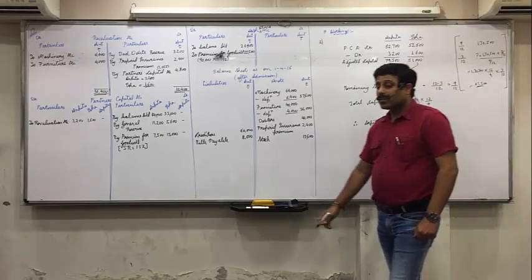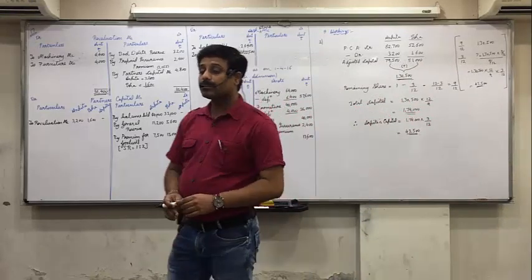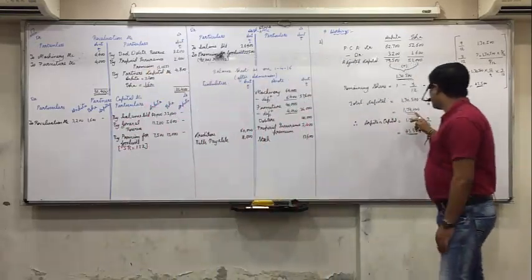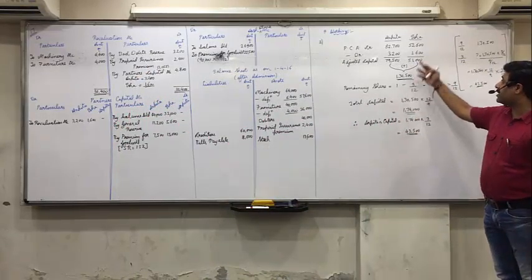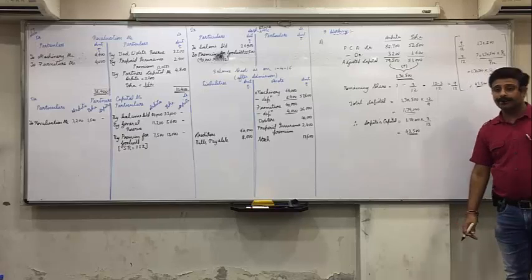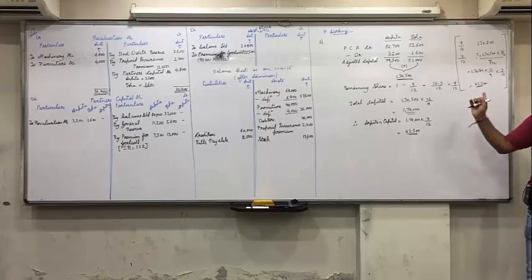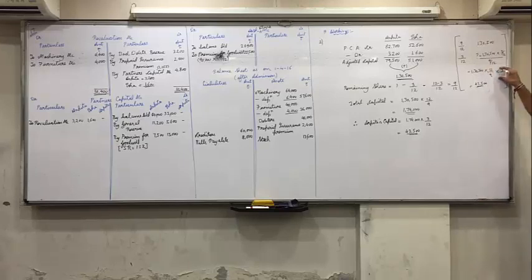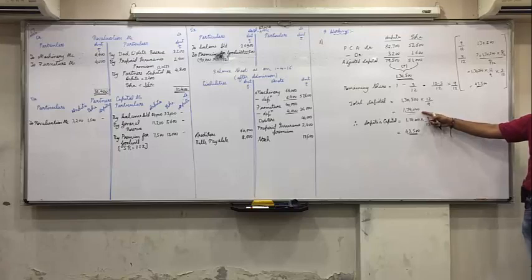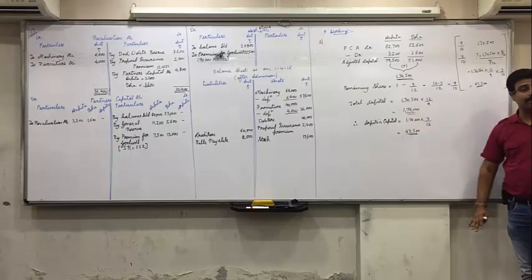We can even do total capital minus adjusted capital. From total capital 1,74,000, 1,30,500 is their capital, so the remaining 43,500 is the new partner's capital. That is also done. Understood these steps, everyone? This is the logic behind it, but I've split this one step into two steps. First we obtain the total capital, and from that we find the new partner's capital.